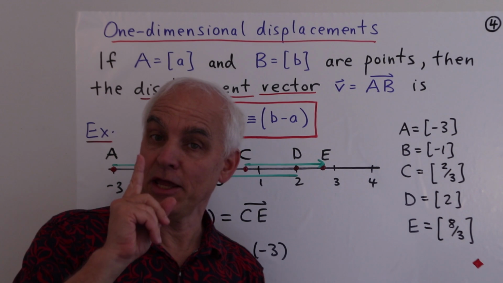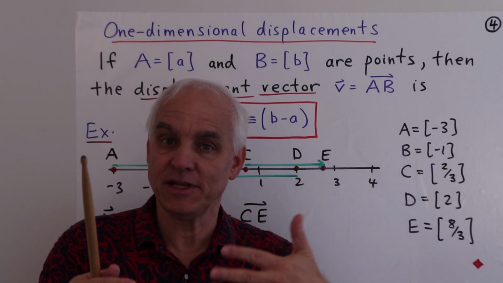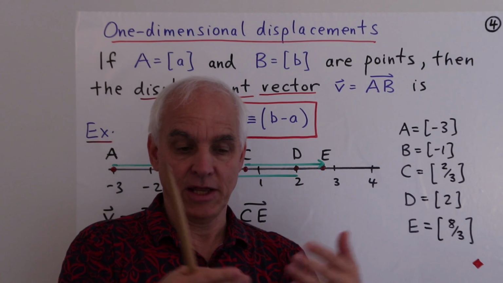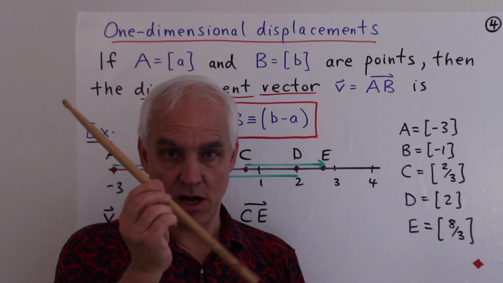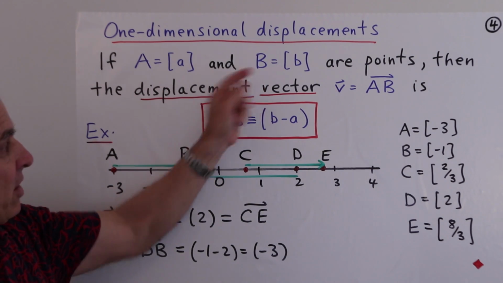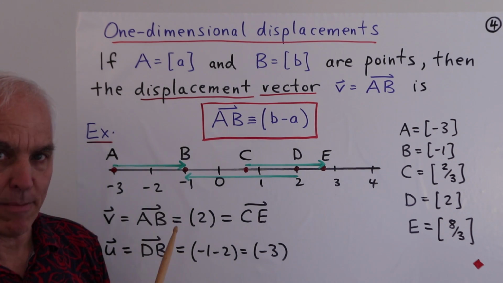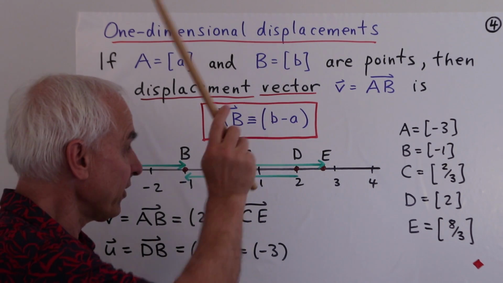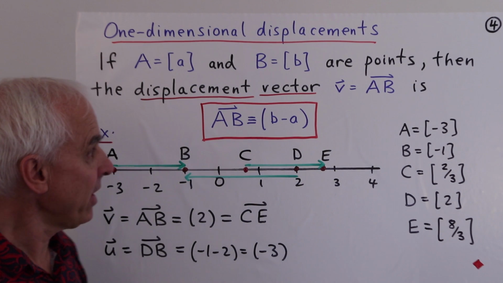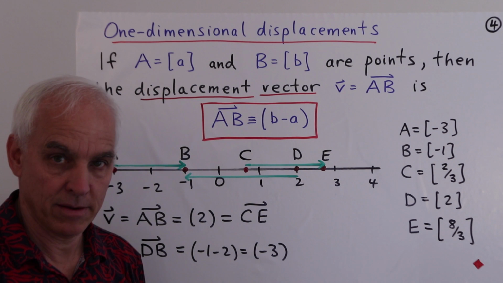Now, still staying in the one-dimensional situation, how do we introduce these displacement vectors in the context of points on an affine line? Well, if A and B are points, and say A is the point consisting of the number little a, and B is the point consisting of the number little b, then the displacement vector V equals AB.